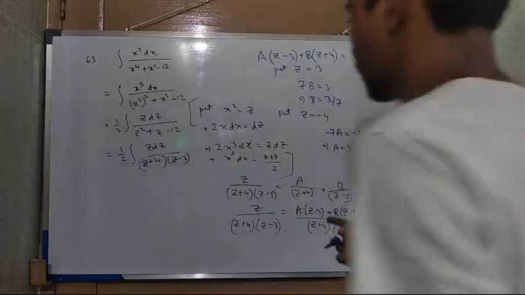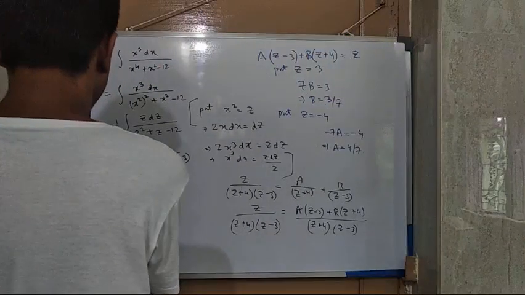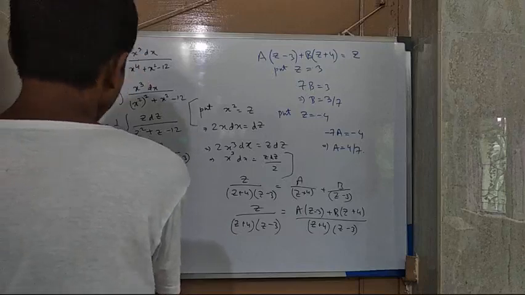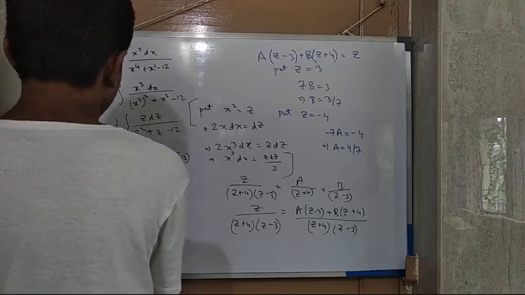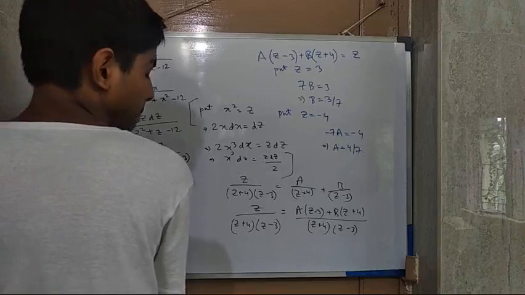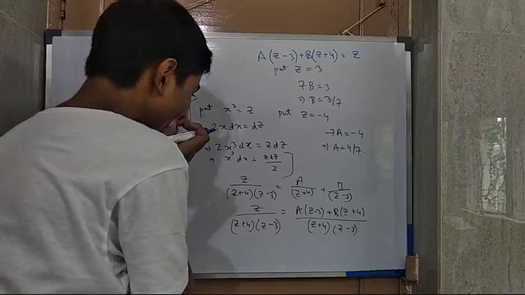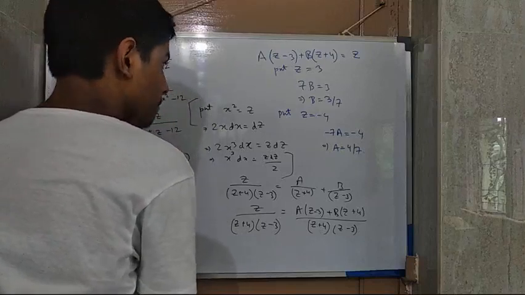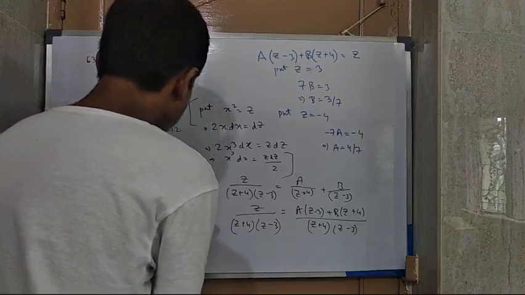So let's fractionize this, taking the half first: 4 by 7 integral dz by (z plus 4) plus 3 by 7 integral dz by (z minus 3).